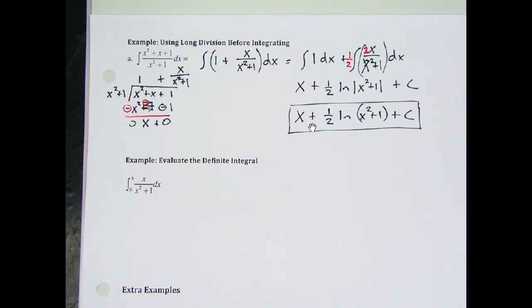Wait, how come this was a log problem? Why couldn't we just derive it? Where was the 1 over x part of this? I don't know when to use natural log and when to just use the regular log.